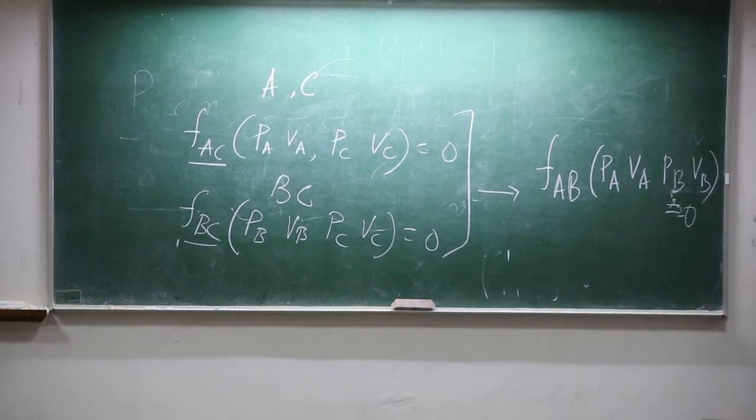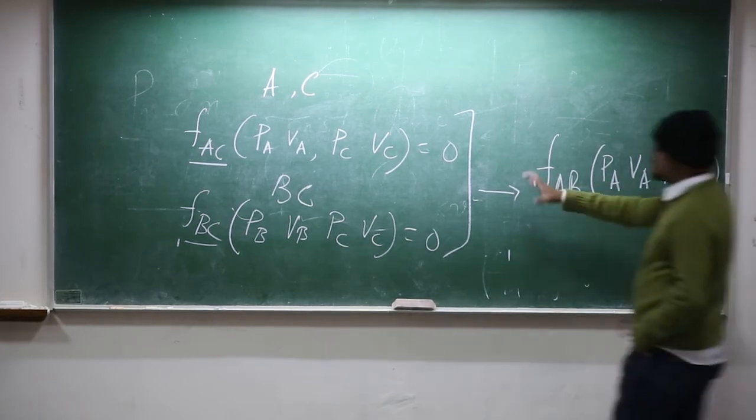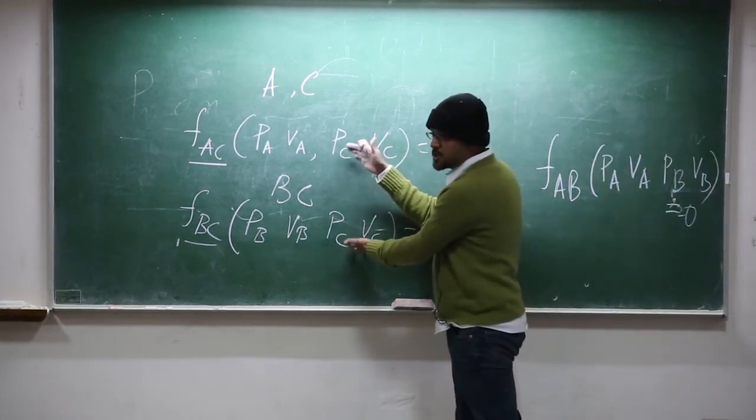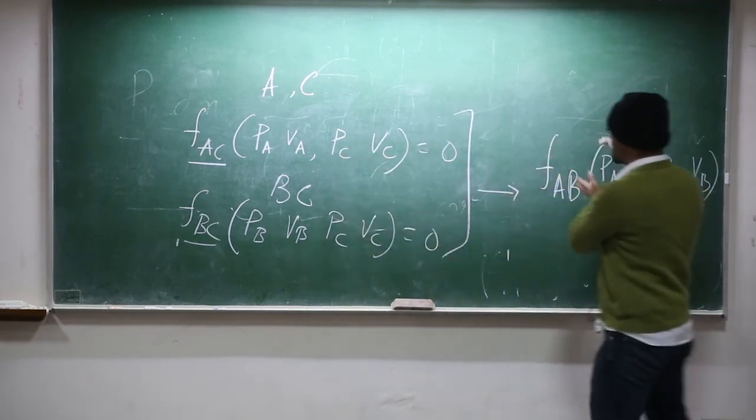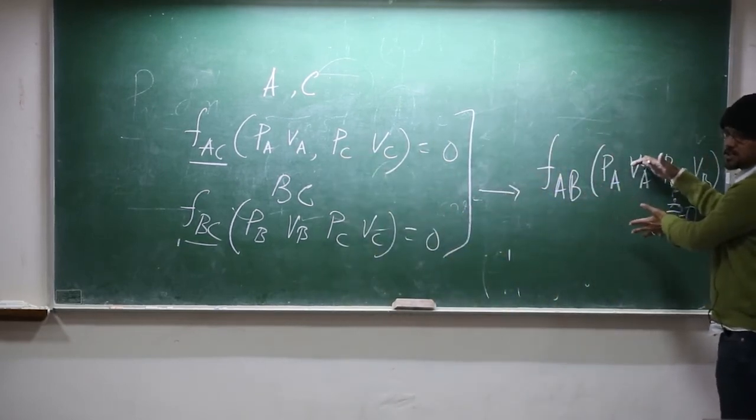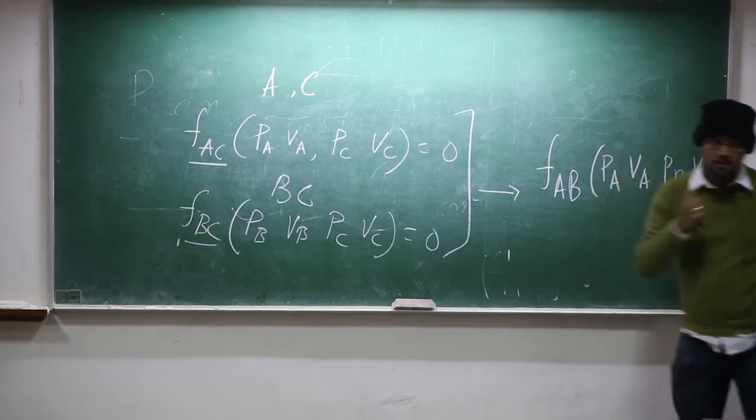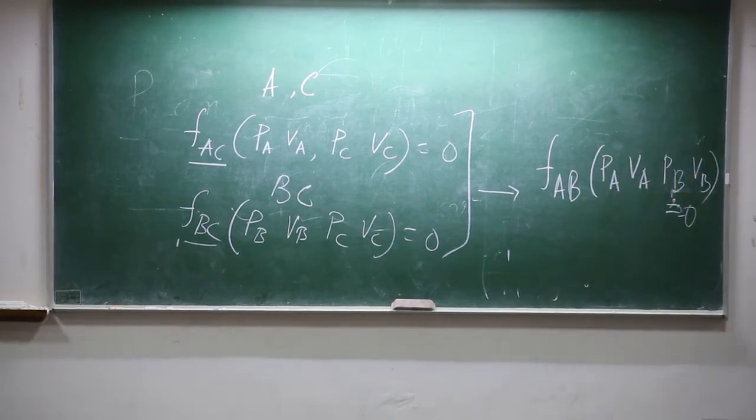This is what it means. Now, look at this. These two statements together have to be the same physical content as this statement. They have to mean the same thing. That's the zeroth law. One follows from the other.